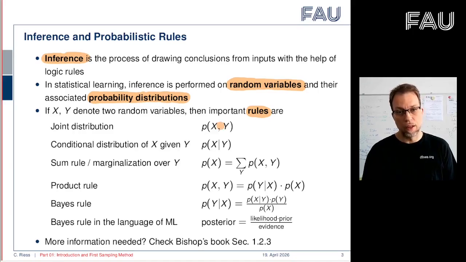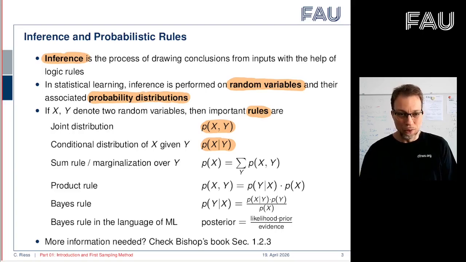So first of all, we have the notion of a joint distribution of two variables. Then we have the notion of a conditional distribution of two variables. So here we have the conditional distribution of x given y. These are actually not rules, this is vocabulary, we can say.